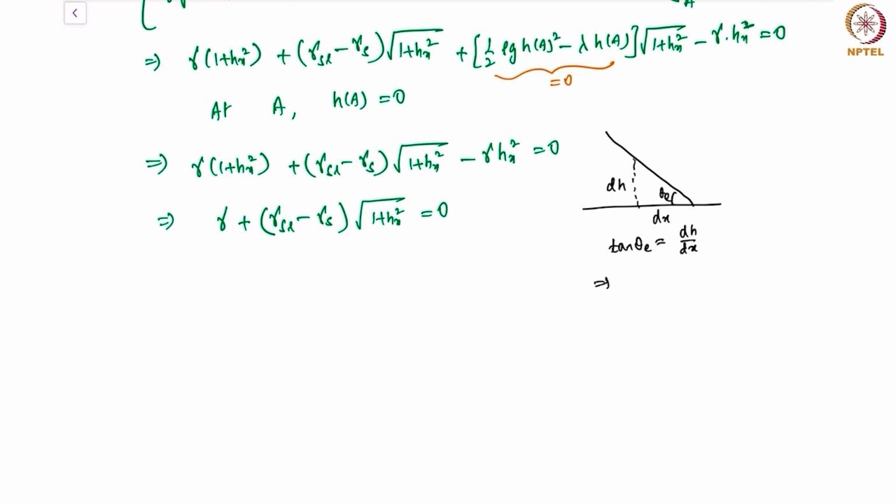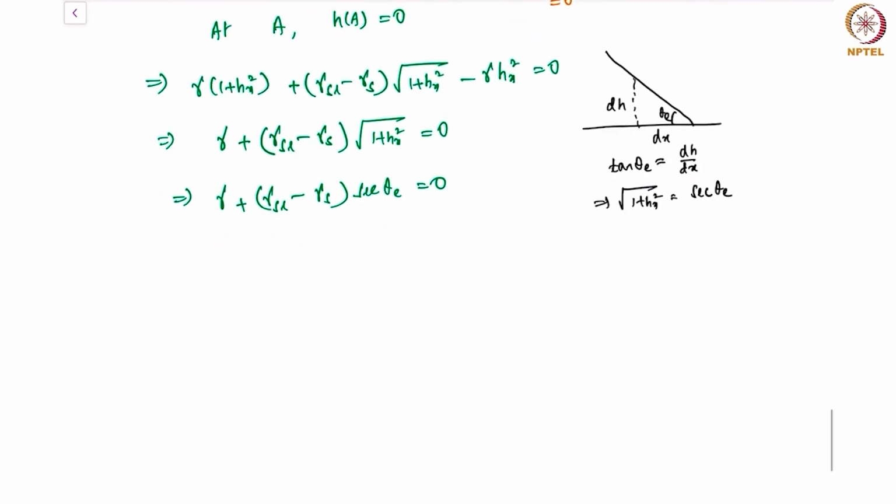And therefore square root of 1 plus hx square is nothing but secant of theta e. If I substitute this, I have gamma plus gamma SL minus gamma S of secant of theta e is 0, or I simply have gamma cos theta e.